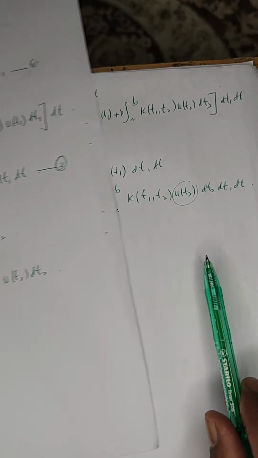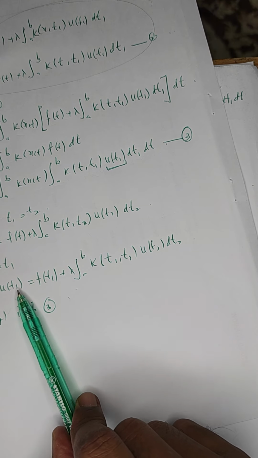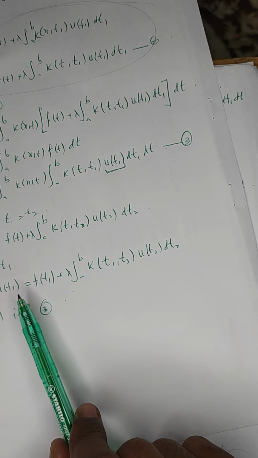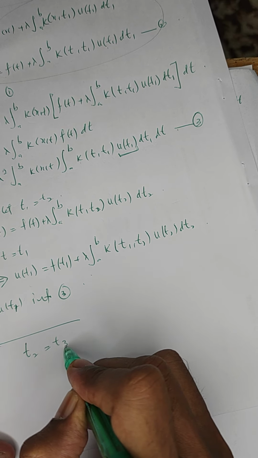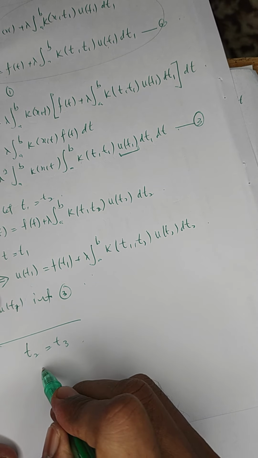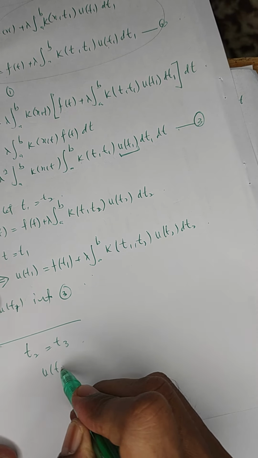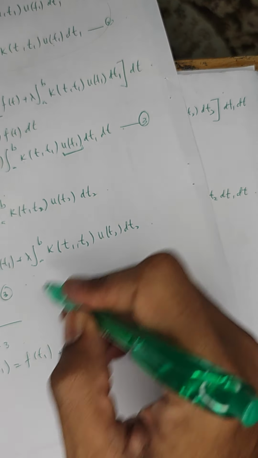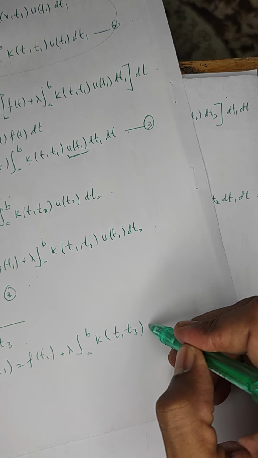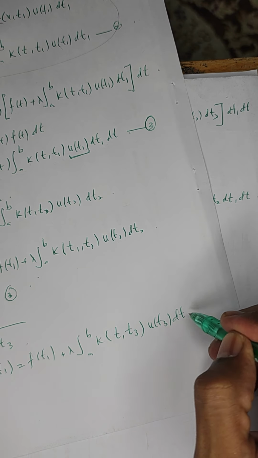First, because we don't want to get confused with t1 that we already have, substitute t2 with t3. So the equation becomes u(t1) equal to f(t1) plus lambda integrate a to b k(t1,t3) u(t3) dt3.